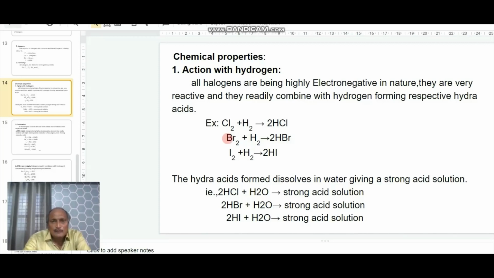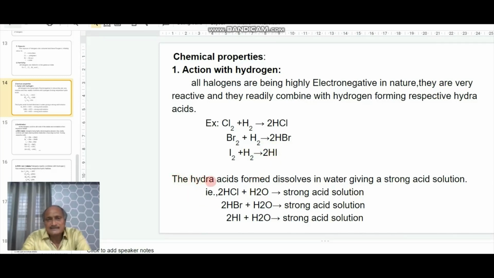Likewise, 1 mole of bromine combines with 1 mole of hydrogen to form 2 moles of hydrogen bromide. Similarly, 1 mole of iodine, that is I2, combines with 1 mole of hydrogen H2 to form 2 moles of hydrogen iodide.